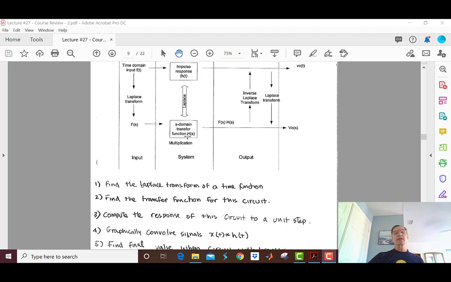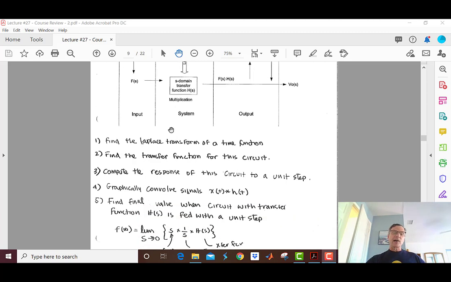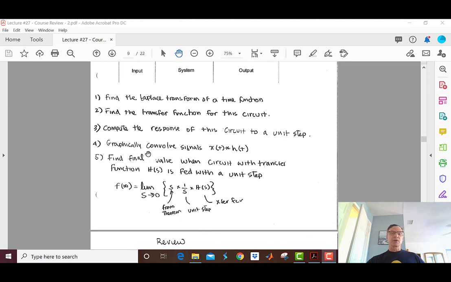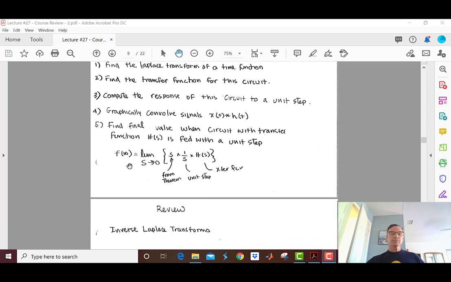So what that means is we can get the initial value, or the value of the time domain response at t equals 0, or we can get the value of the time domain response at t equals infinity. And we do that with the initial and final value theorems.